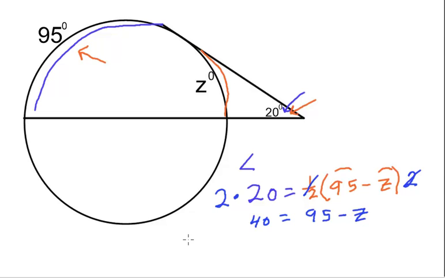Okay, so now there's a couple of things. If I just subtract 95 from both sides, I can do that, but I'm going to have a negative z. And when I'm done, I have to have a positive z. Well, we can do this a couple different ways. I can add z to both sides. Well, I'm going to do it that way first. Add z to both sides.